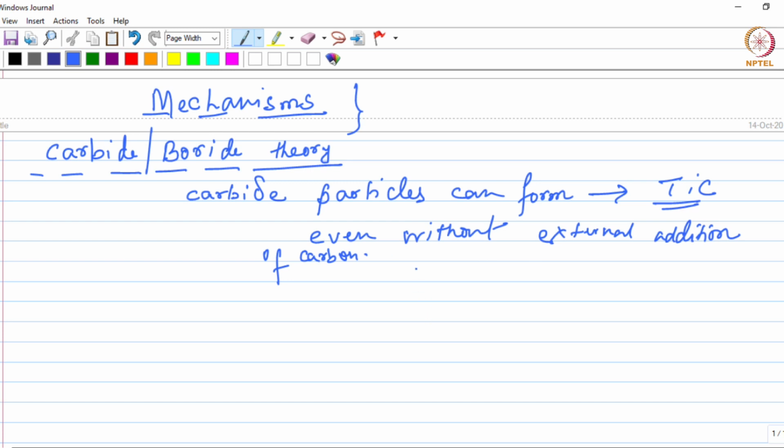So carbon, which may be present in very small amounts in the range of several hundreds of ppm, is enough for formation of such titanium carbide particles.